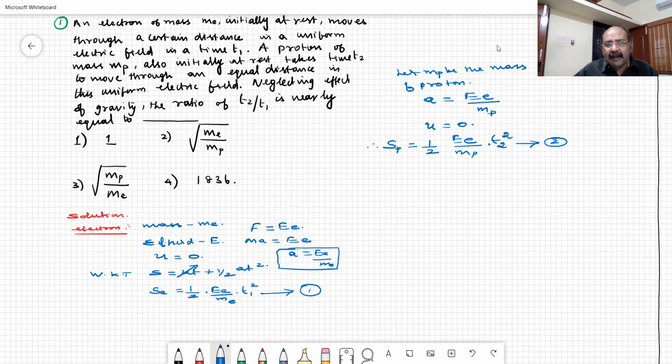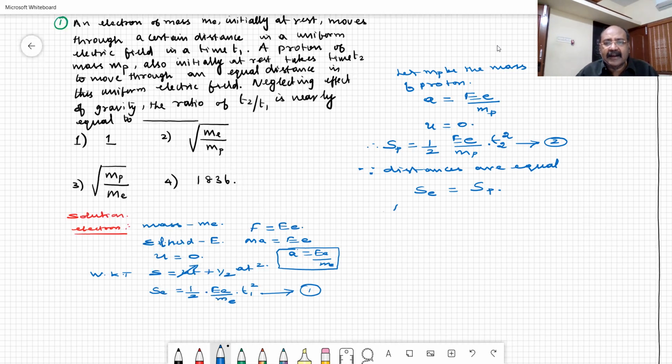It was given that they move through an equal distance. Since the distances are equal, we can equate equation 1 and equation 2. That is, the distance covered by the electron is equal to the distance covered by the proton.